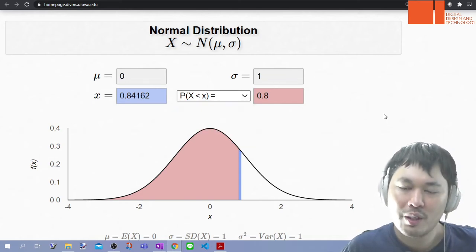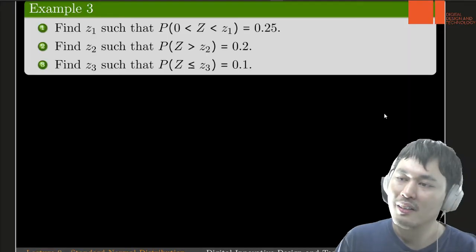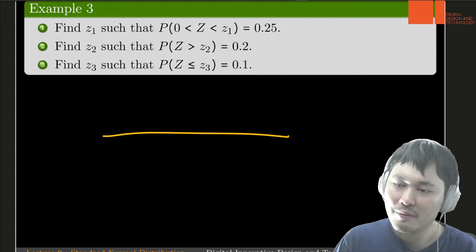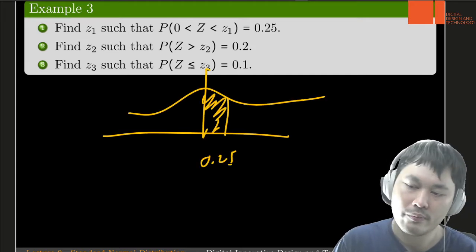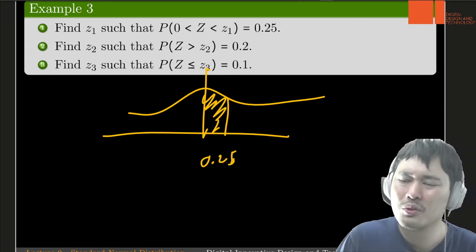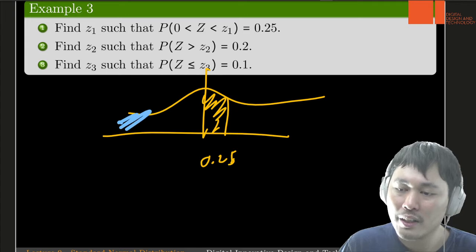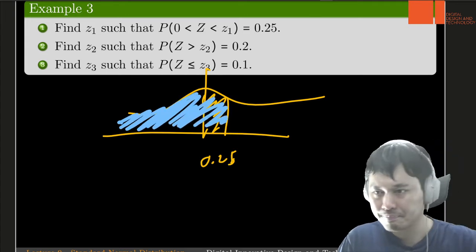So you have to improvise. For the first question, you want just this area to be 0.25. But the web tool that we use doesn't have that. What it can compute is the whole area, all the way to the left.